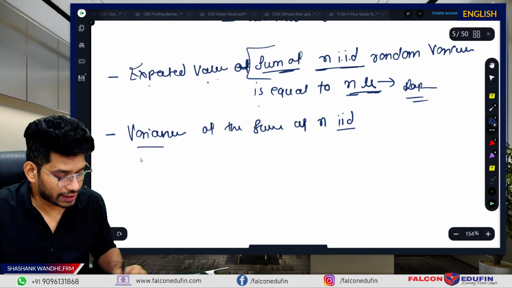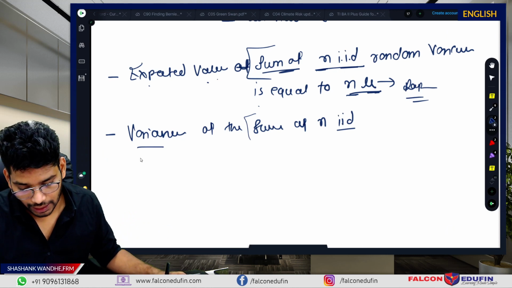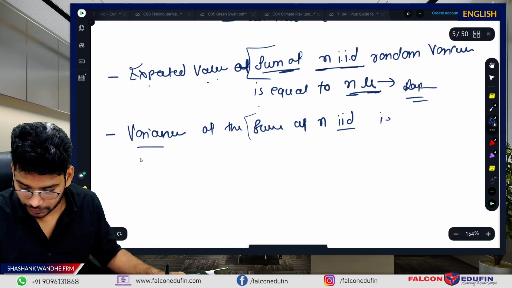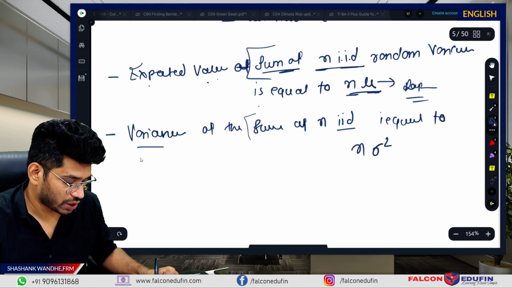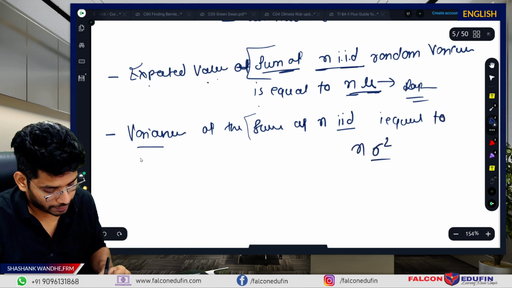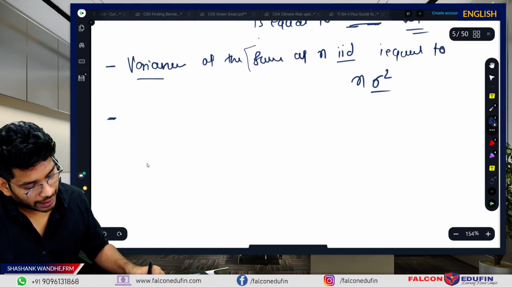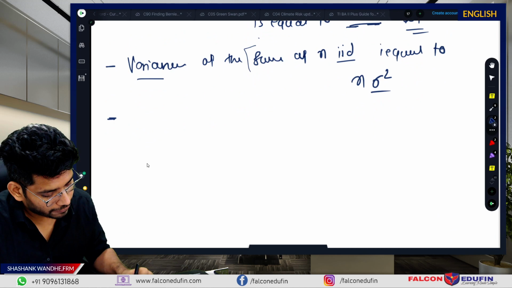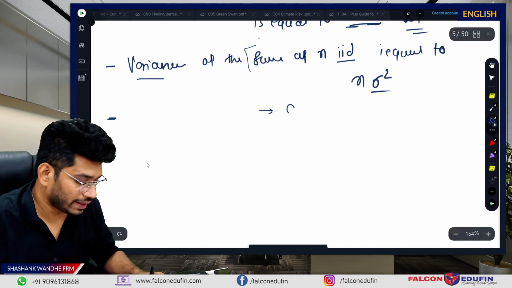So the variance of the sum of n IID random variables is equal to n into sigma square, the population variance. Again, you have to remember these key points. And the variance of these IIDs grows linearly.